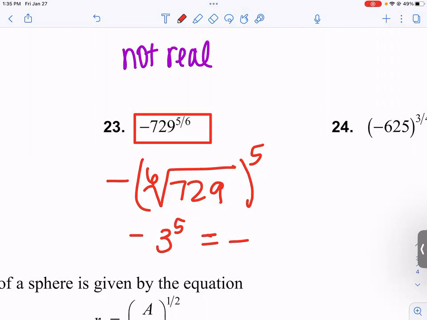This negative's on the outside. Oh, this is not a parenthesis. Yeah, because there's not a parentheses. We have 2 minutes actually. 243, not 250. Oh, whoopsies. I read it wrong.